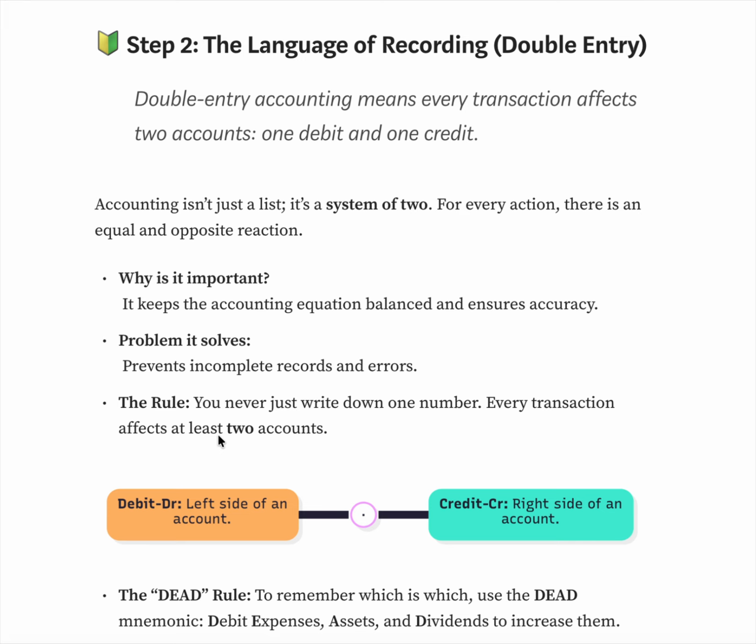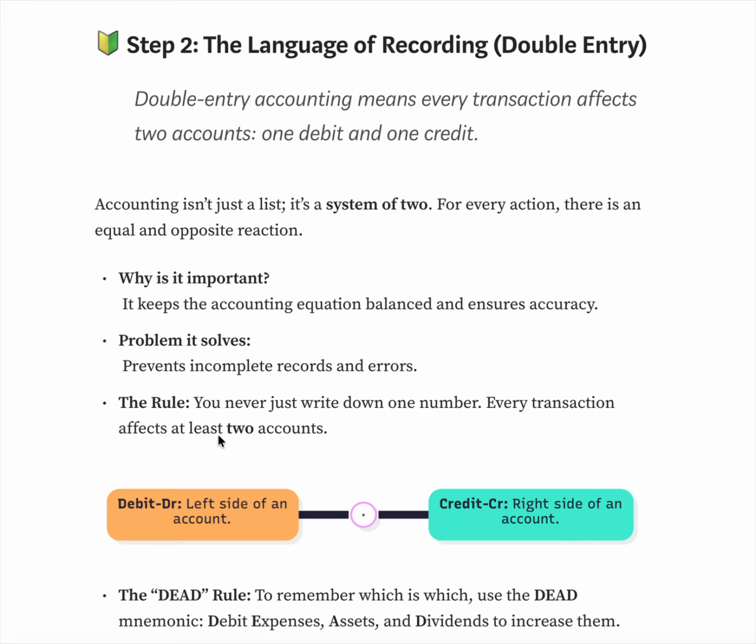In a business, you buy a coffee machine, you buy coffee beans, you buy pastries, and you sell coffee and pastries. All these things are not a simple list. They are a two-way system.